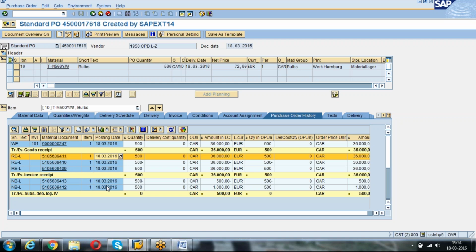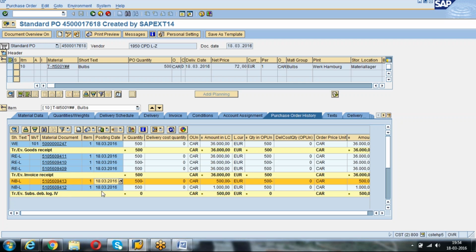After a few days, just imagine you got a requirement like some certain amount you have to pay to the vendor additionally, 1000 euros. Then I have taught you how to create a subsequent debit, and then 500 you want to take back from the vendor. Then I have taught you how to create a subsequent credit.